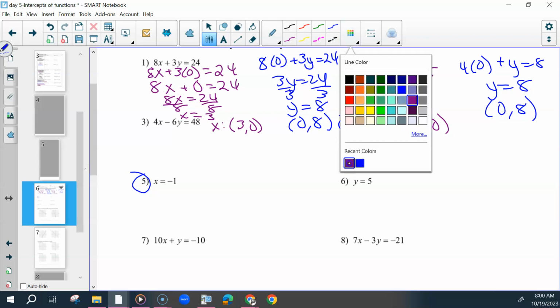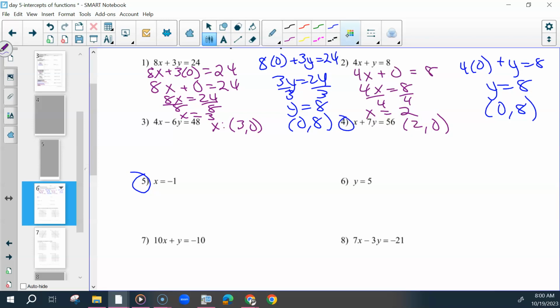So for number 4, if we're putting 0 in for the y, we have our answer, x equals 56. This would be an extreme intercept. This is not something we would see constantly. But our intercepts can be big, it depends on the function.